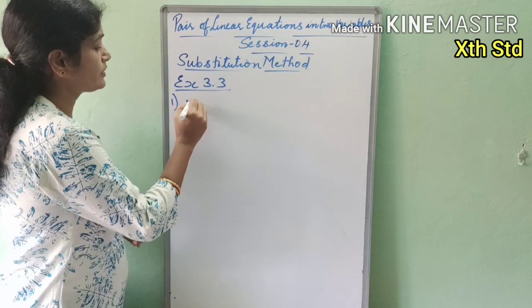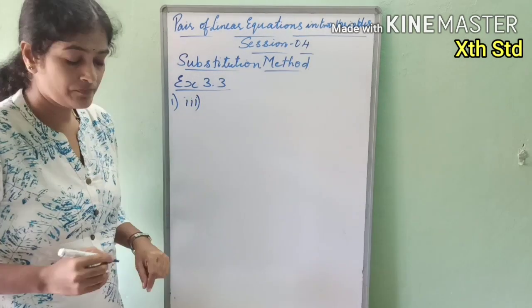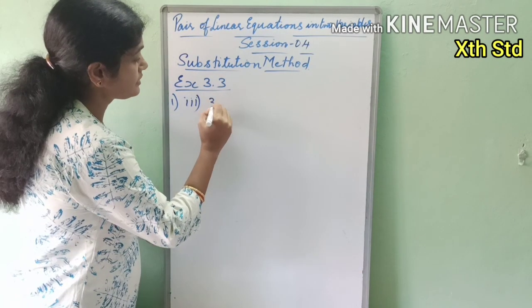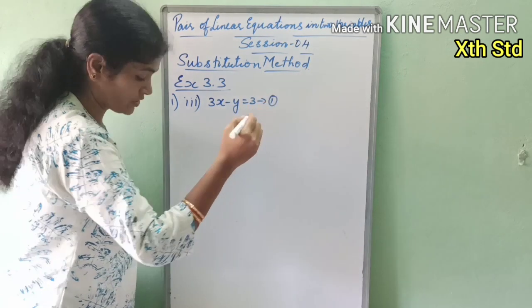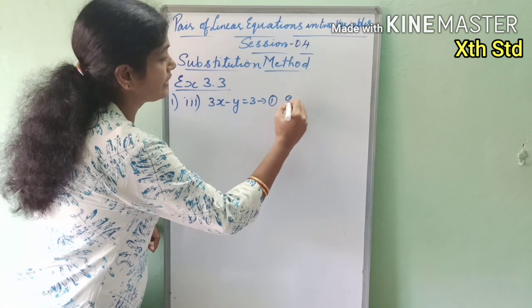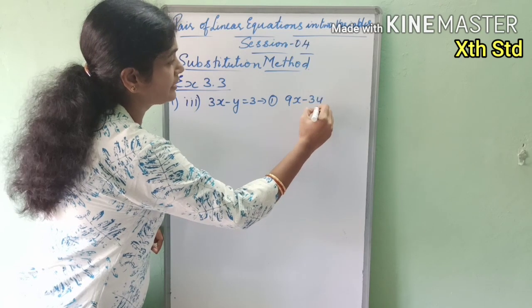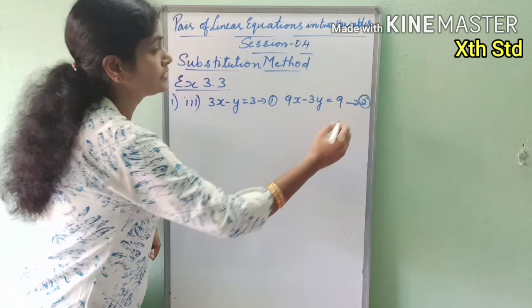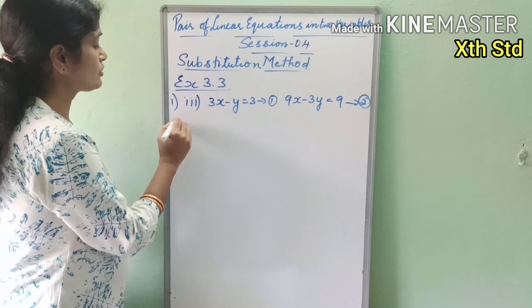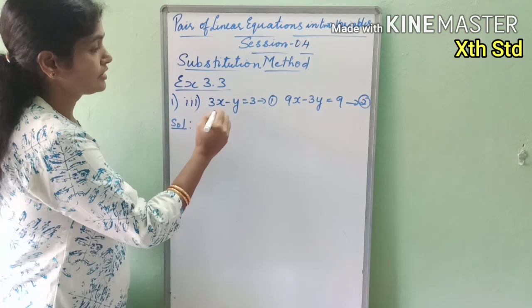Moving to the third question, third bit of it, first main. What is it? 3x minus y is equal to 3. This is your first equation. Then 9x minus 3y is equal to 9. This is your second equation, right? Substitution method. So consider any one of the equations.